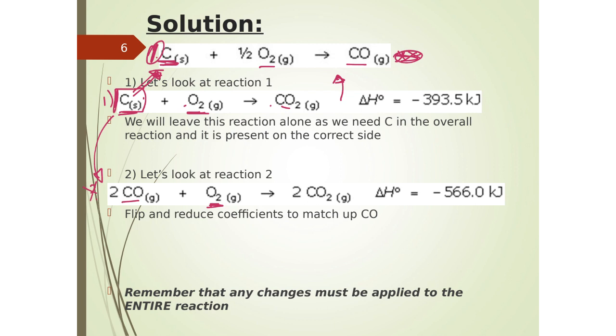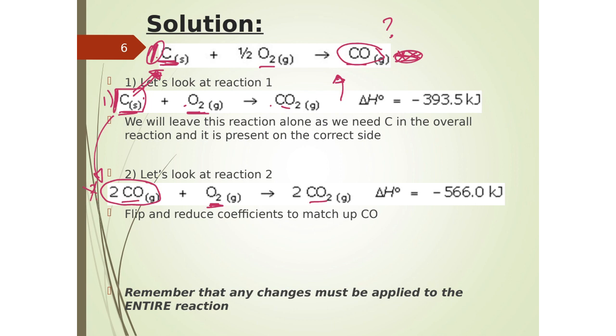Trust me on that, it usually will work out. You don't even need to bother with it. I see CO2 in this sub-reaction, but I don't see CO2 up here, so I'm not going to focus on that because I don't even know what to do with it. So I'm going to take the carbon monoxide in my sub-reaction and match it to the carbon monoxide in the overall.